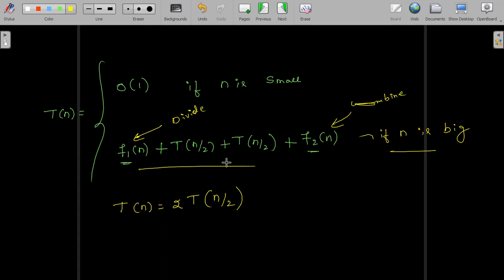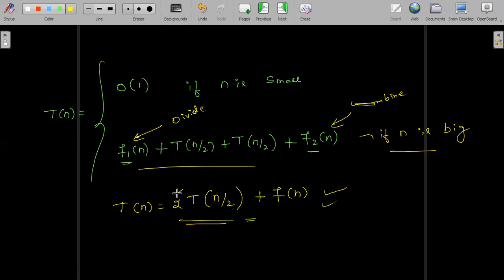Okay, then both the functions I will take as a function f of n. Now I did something for you people in previous classes. What is that? This is the reason why we use the master theorem. Understood now? This is the reason we use the master theorem.